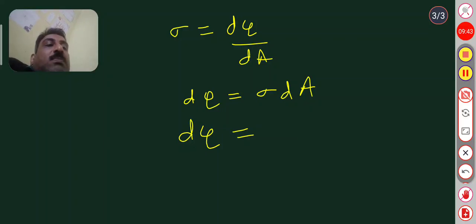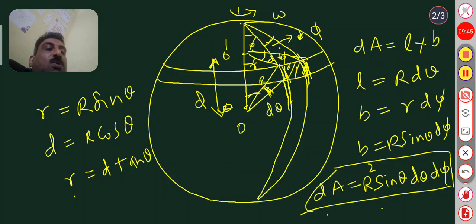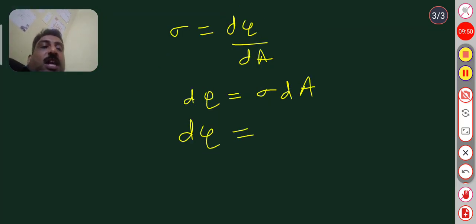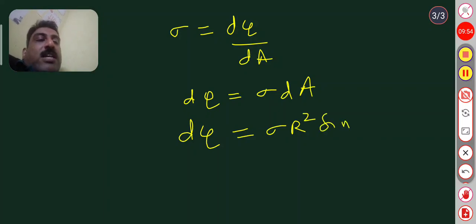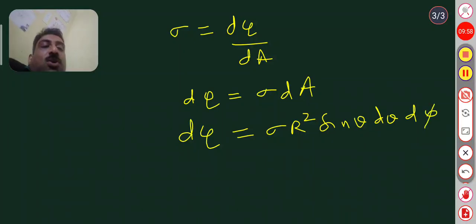And dA is R square sine theta d theta d phi, so dq is sigma R square sine theta d theta d phi.